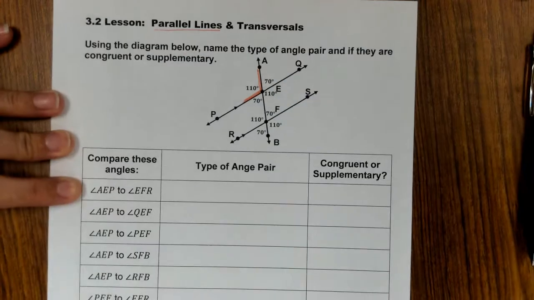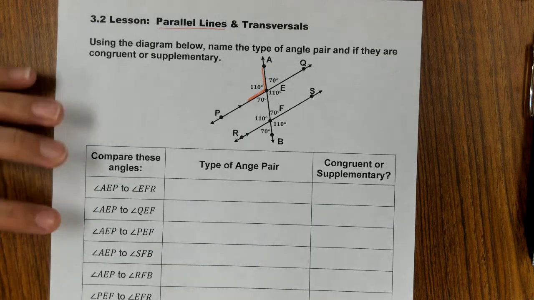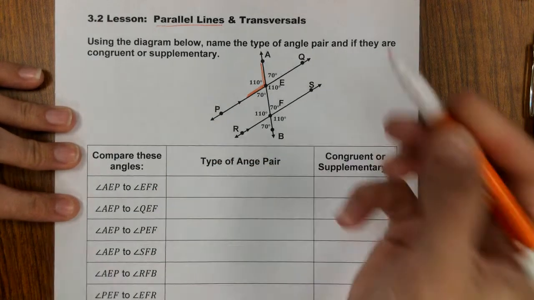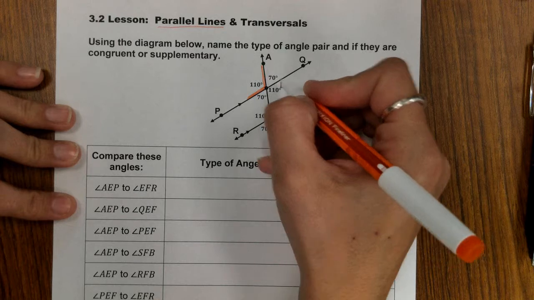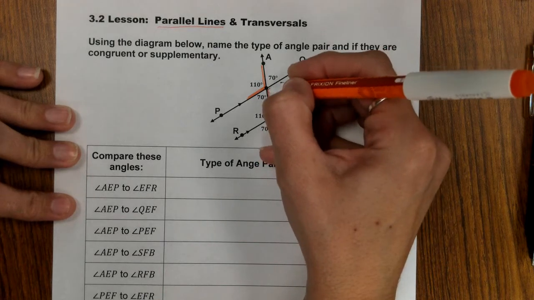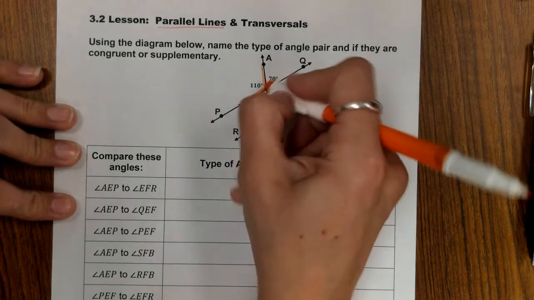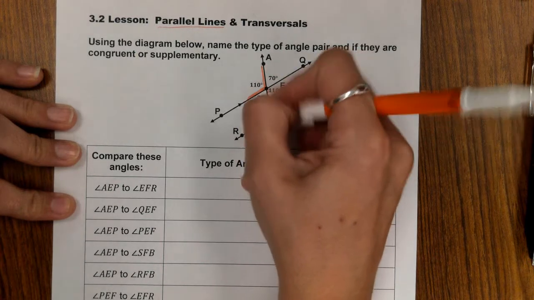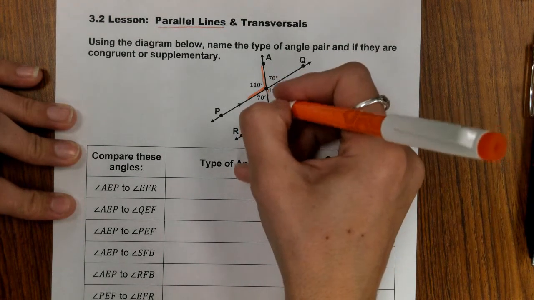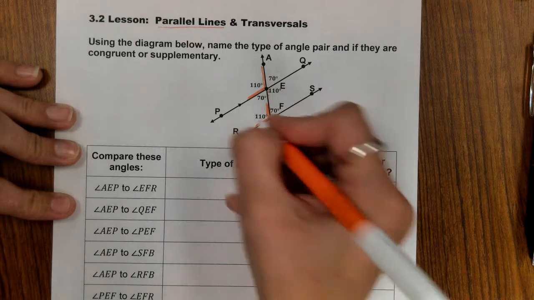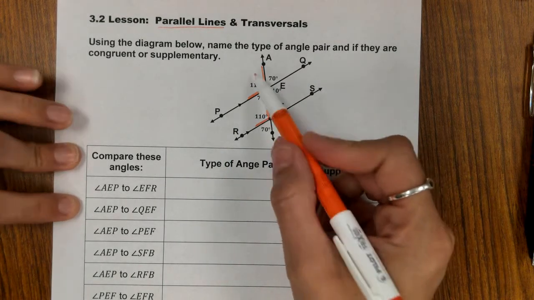Let me get that light off. There we go. And angle EFR. So we go from E to F to R. It's going to be on the other side. Let me get that erased a little bit. So we go from E to F to R. And we need to look at what kind of angle pair this is.